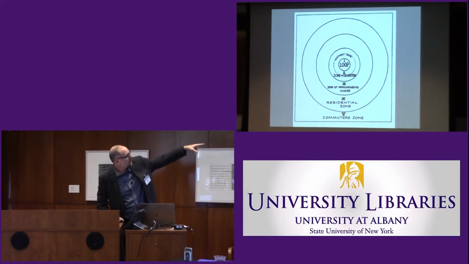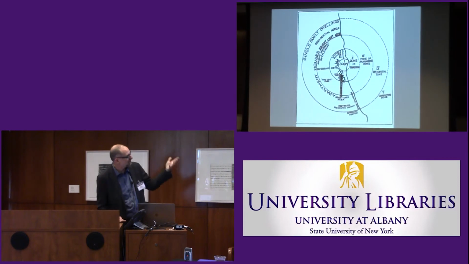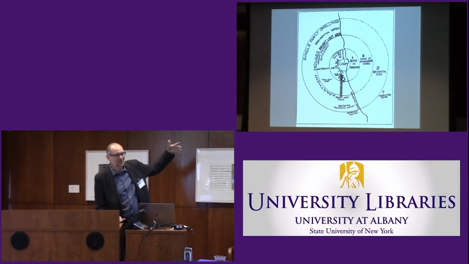Around that you have working class families. Around that you have middle class residential families, and outside of that you have emerging suburbs. And this is decidedly racialized. So this is how he applies this to Chicago. You can see in the center Little Sicily and Chinatown and the ghetto, and then a little further out you have older immigrant communities, like first generation, early 19th century immigrant communities, Deutschland, and the Black Belt that runs north to south from outside the loop.